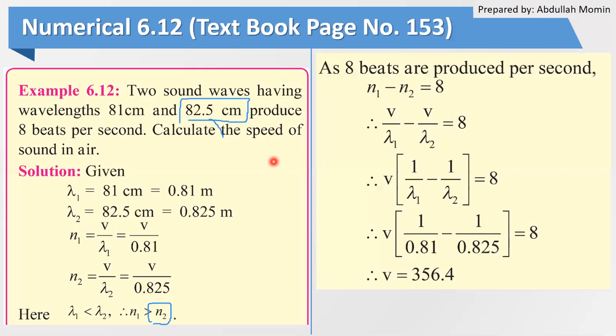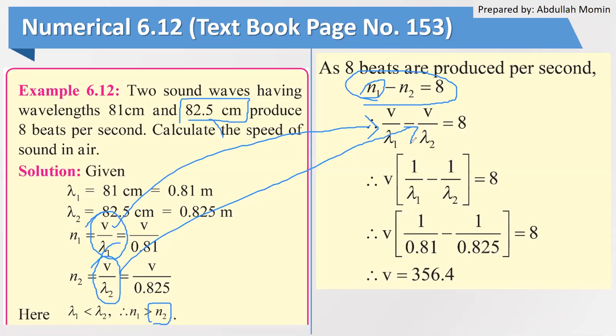Now when they superimpose, they are producing a beat of 8 per second. That means N1 minus N2 is 8. Now instead of N1, we are going to put V upon lambda 1, and instead of N2, we are going to put V upon lambda 2.